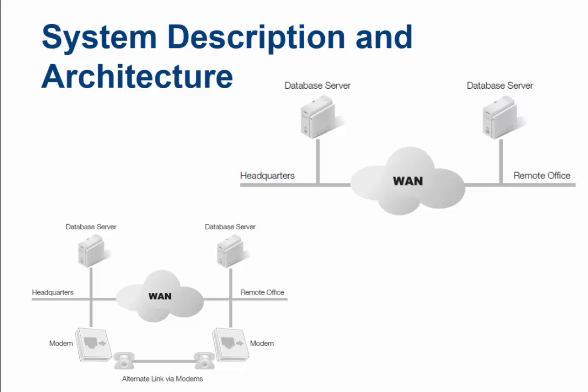Basically, from the headquarters to the remote office, there's the wide area network in between, and both ends have database servers that probably need to be synced, so that if an outage happens at headquarters, then the remote office can take over.